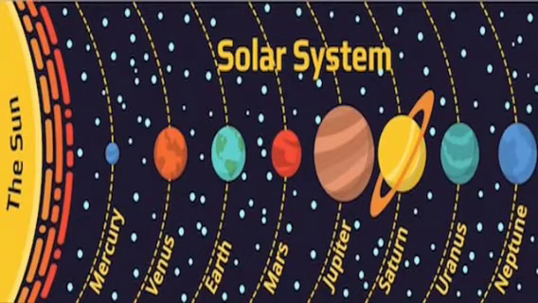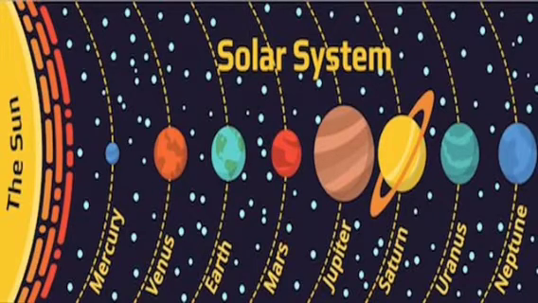The names of planets based on the distance from the sun are Mercury, Venus, Earth, Mars, Jupiter, Saturn, Uranus and Neptune.